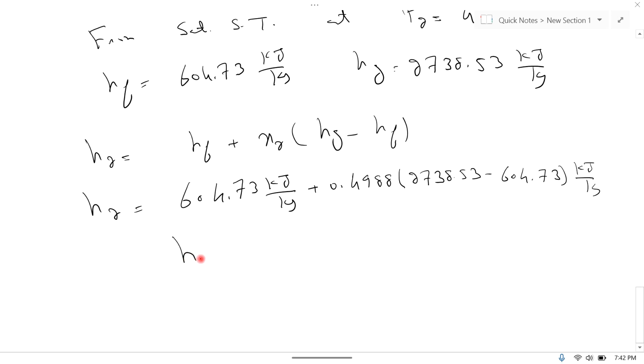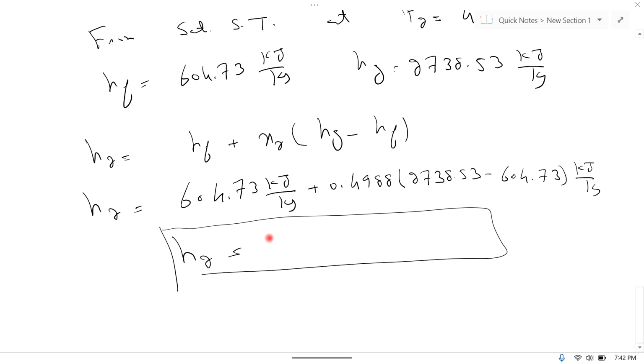Simplifying, H2 is equal to 1669.06 kilojoule per kg.